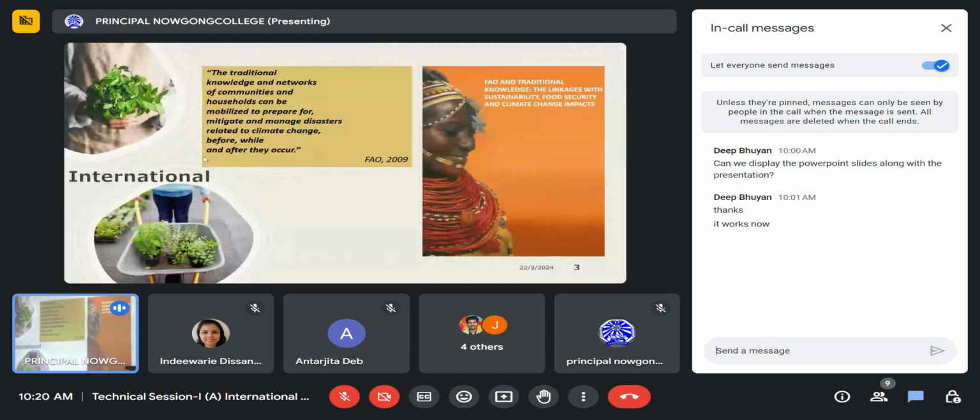For example, FAO published in 2009 a report called FAO and Traditional Knowledge: the linkages with sustainability, food security, and climate change impacts. In this report, they mention that traditional knowledge and networks of communities and households can be mobilized to prepare for, mitigate, and manage disasters related to climate change.